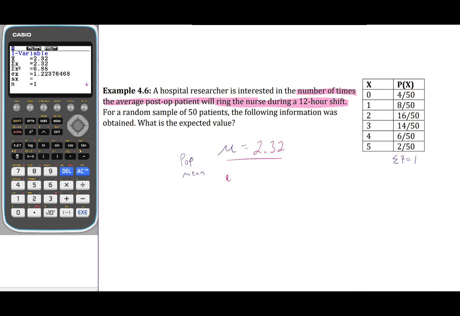We would expect a patient to ring the call bell 2.32 times. And this is, again, the average after many, many, many patients are observed.